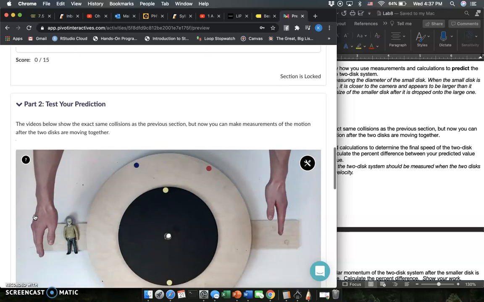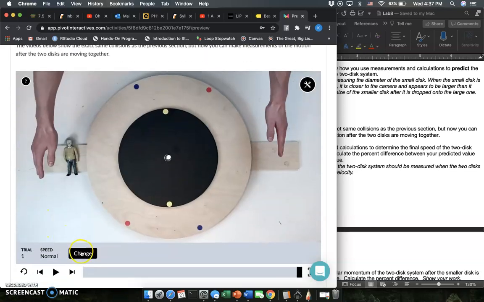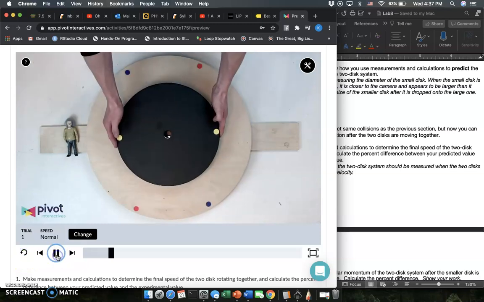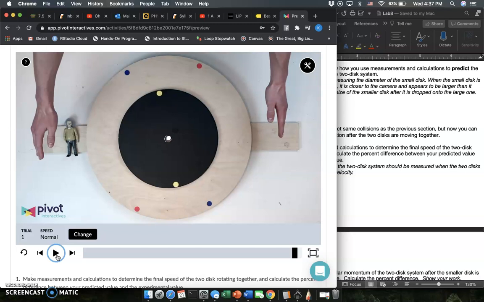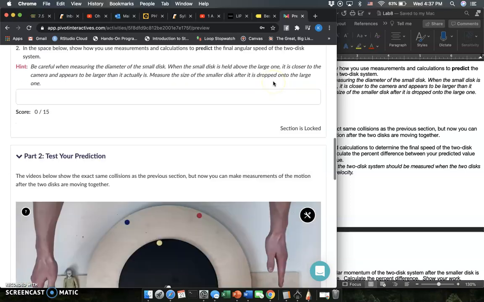Okay, so I can show you an example. This is what it'll show you. Let me restart. It's going to show you the entire video here of that collision. So then you'll be able to take measurements and find that final angular velocity.